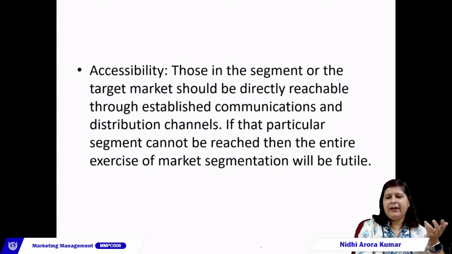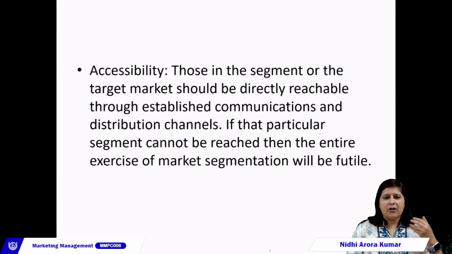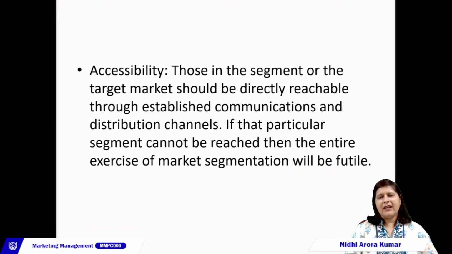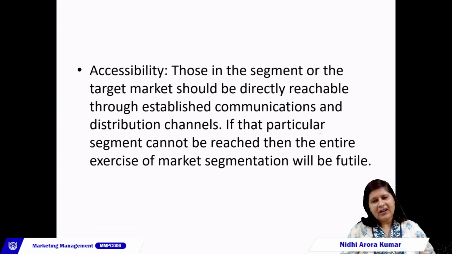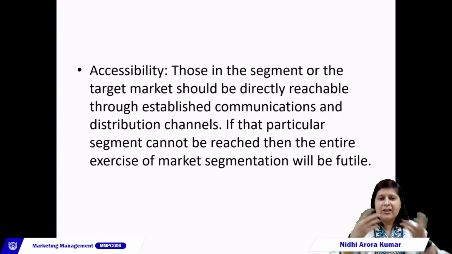Then accessibility. Those in the segment or the target market should be directly reachable through established communication and distribution channels. If that particular segment cannot be reached, then the entire exercise will go futile. Accessibility means you should be able to establish a reach, a communication and a distribution channel, to your target market.